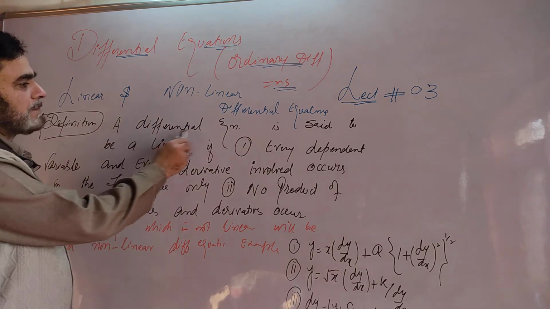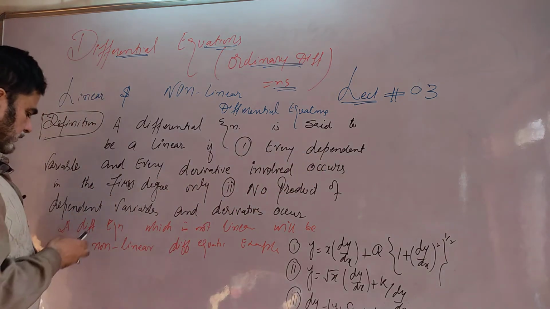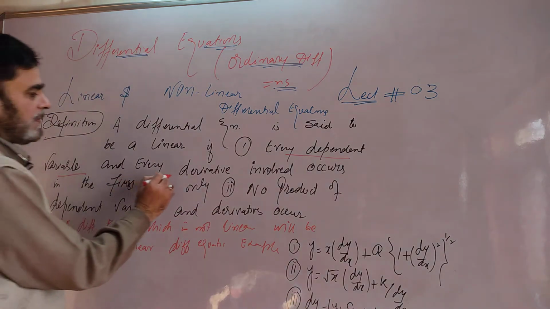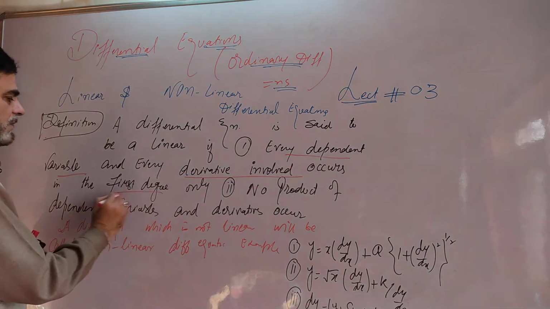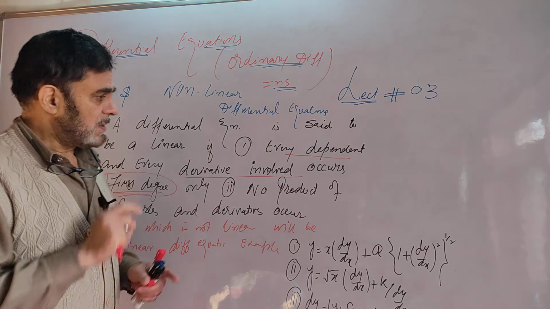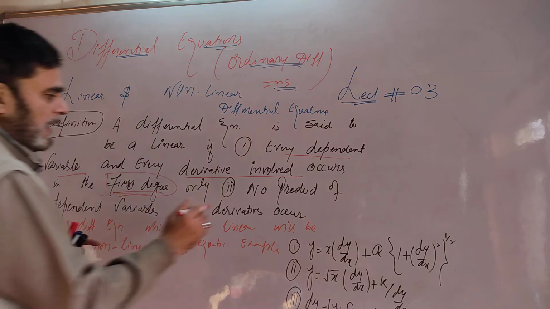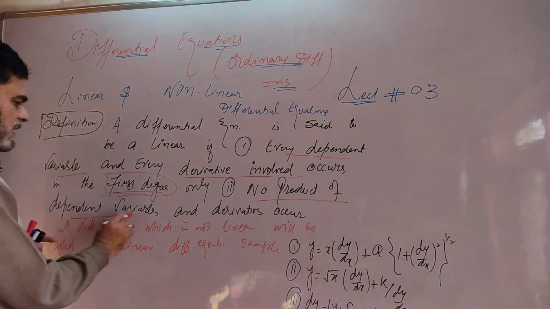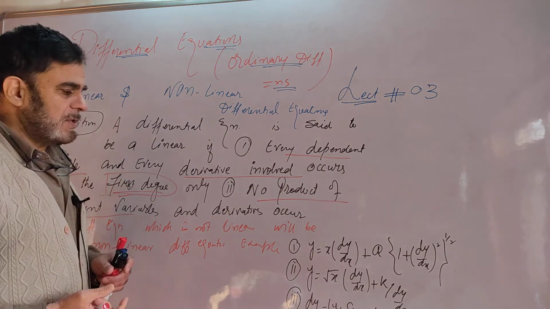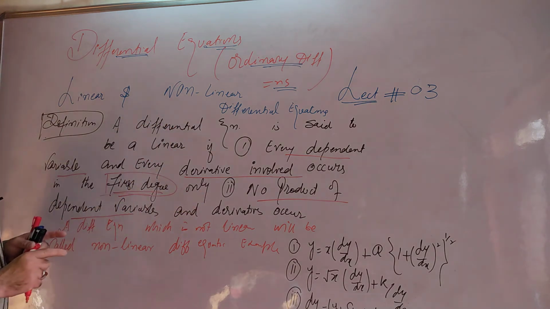A differential equation is said to be linear if, number one, every dependent variable and every derivative involved occurs in the first degree. The dependent variable should be in the first degree, and its derivative should also be in the first degree, remember. And number two, no product of the dependent variable and derivative occurs. That is, there should not be a y dy by dx term. If it satisfies these two conditions, then we say it is a linear differential equation.